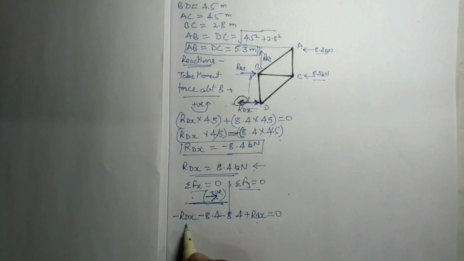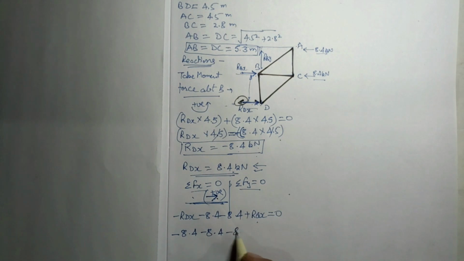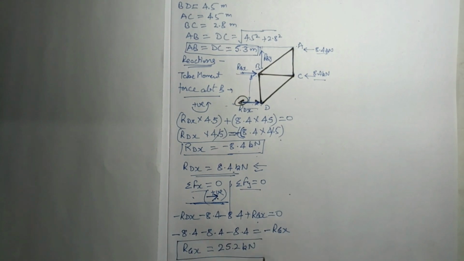Here we can find RBX. We have the value of RDX, we have taken it positive, so it is 8.4 minus 8.4 minus 8.4, and when it goes to the other side it will be minus RBX, or we can cancel out the minus. So we are getting RBX equal to 25.2 kilonewton, and this is coming positive.